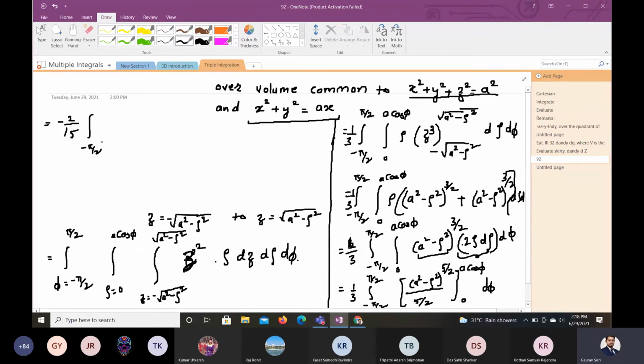Integration minus pi by 2 to plus pi by 2. When you put the upper limit, you will have a square minus a square cos square phi total raised to 5 by 2. When you put the lower limit, you will have actually a raised to 5.